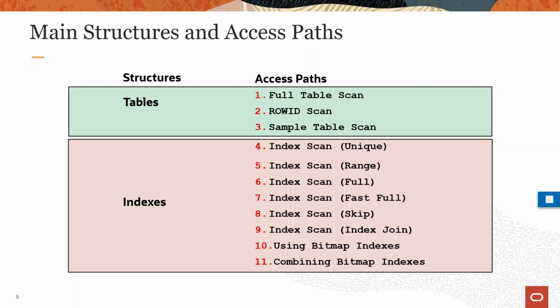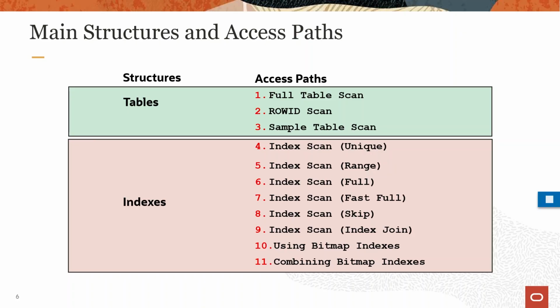So the optimizer is going to build up several alternative execution plans. For each alternative execution plan, the optimizer is going to calculate a cost, and the execution plan that has the lowest cost will be the execution plan selected by the optimizer for the execution of that statement.